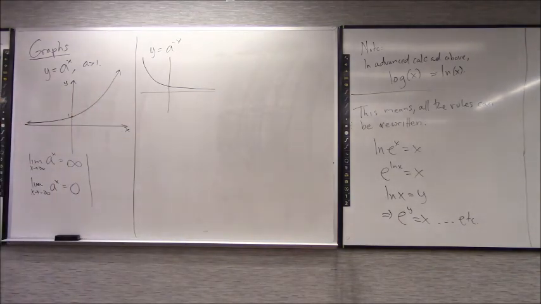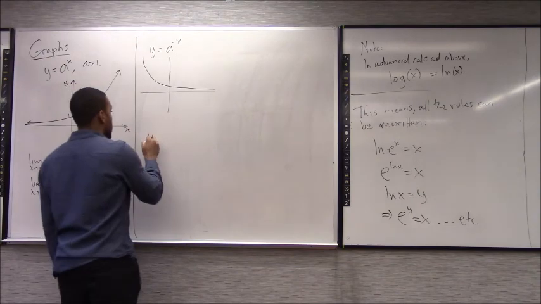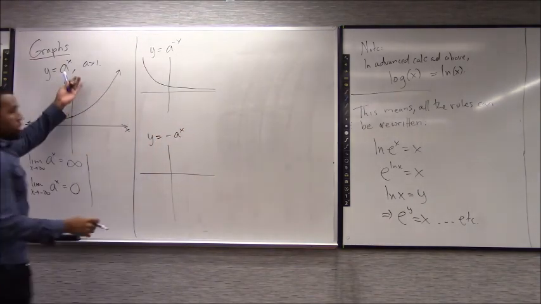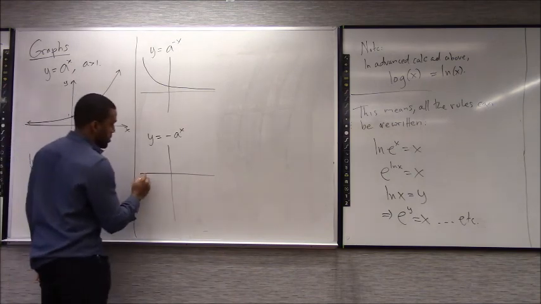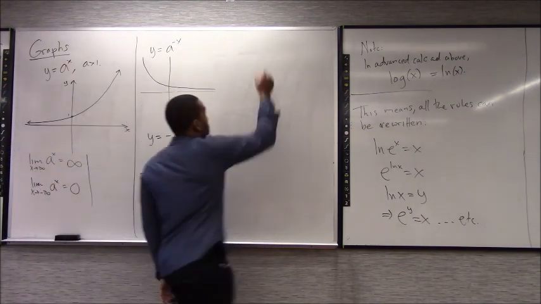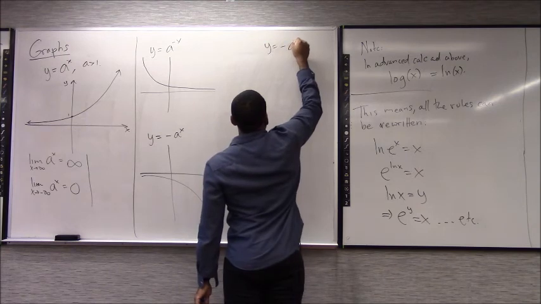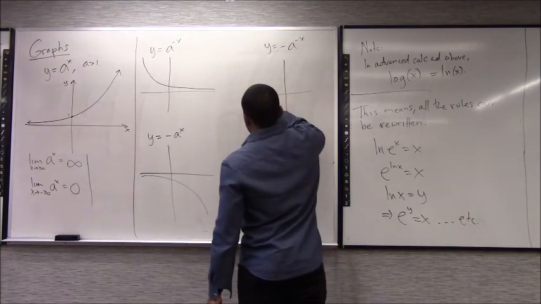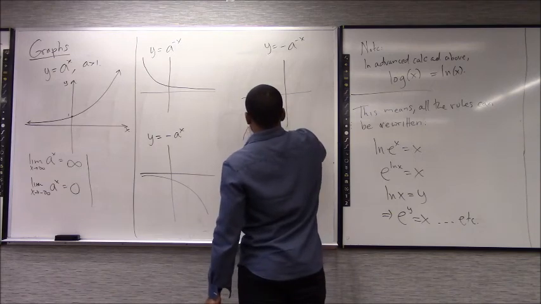You change x to negative x, it's a reflection in the y-axis. If I have y equals minus a to the x, that flips in the x-axis, so that would look like that. If I have y equals minus a to the minus x, that would look like that.